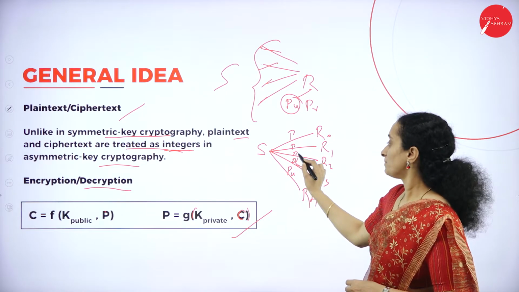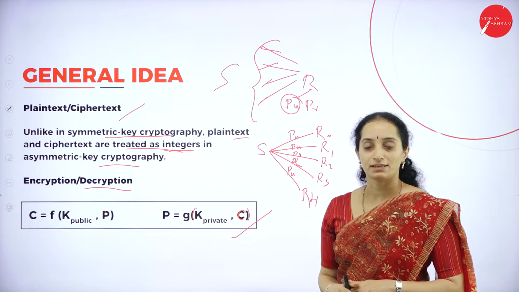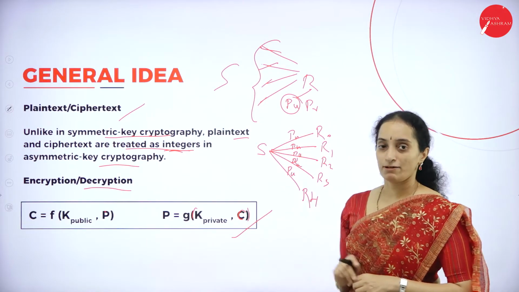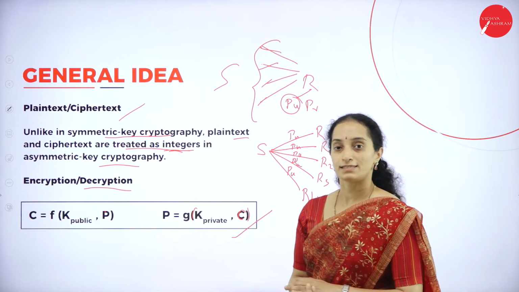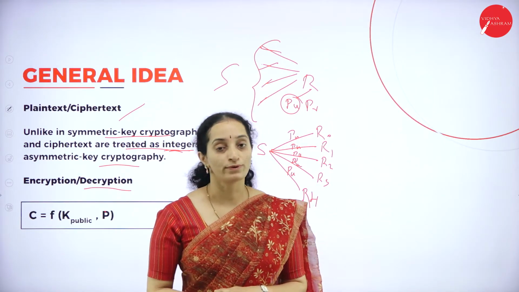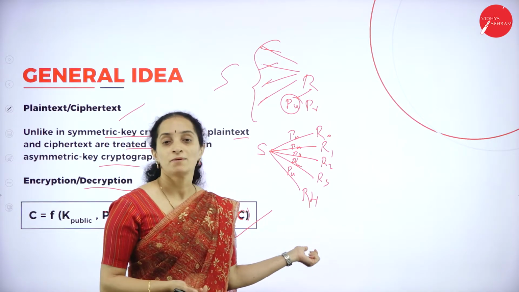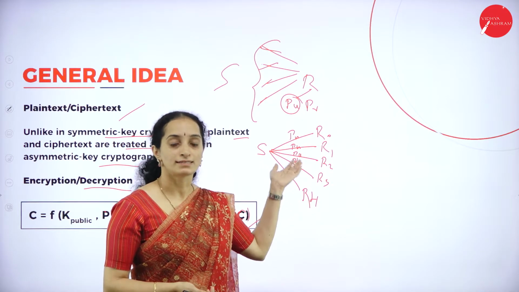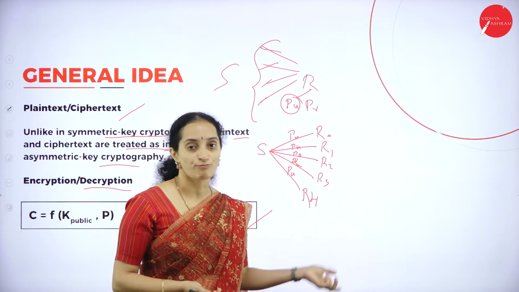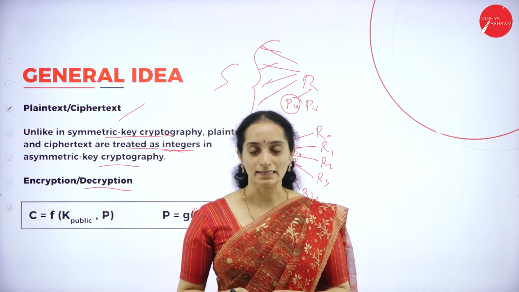Then only will the sender be able to send the message to all the receivers. This is a burden on the memory of the sender, because with n number of receivers, the sender has to get n number of public keys to transmit the message.